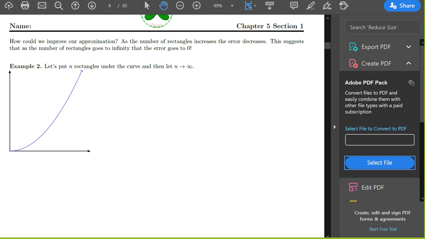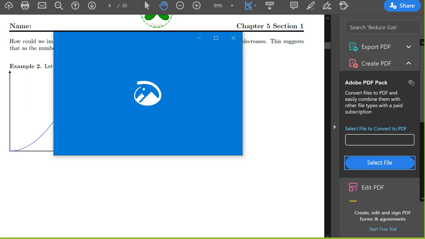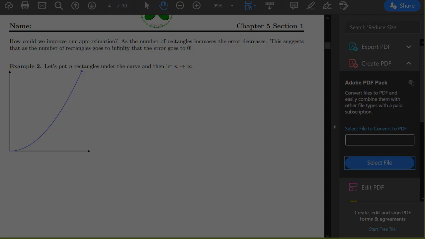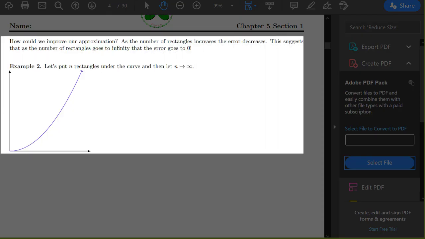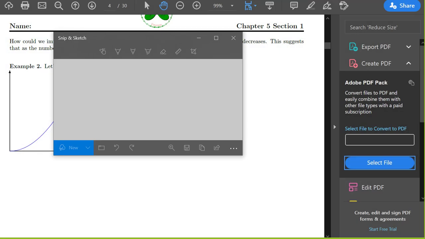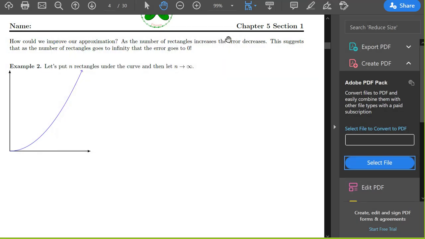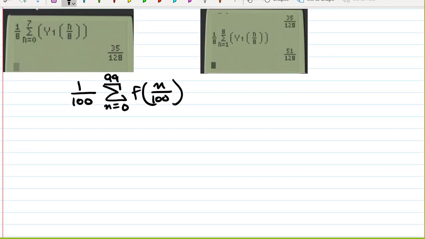All right, so as we've observed, the more rectangles we use, the better and better our approximation is going to get. So the idea of example number 2 is we want to combine the idea that we were just doing with limits. Because in calculus, we know we can take the limit as n goes to different places.